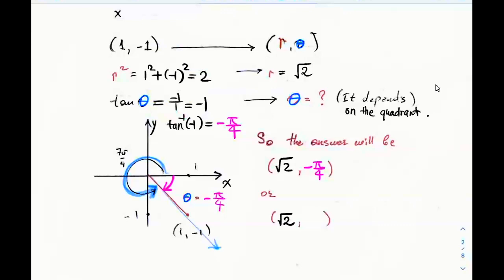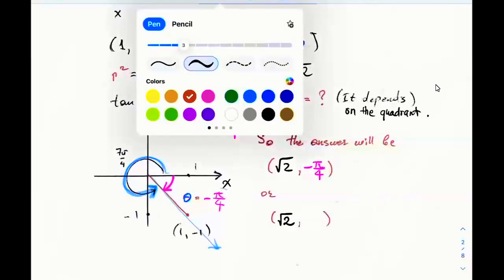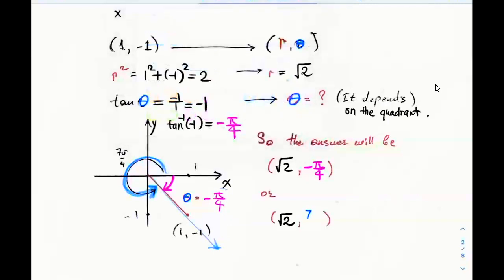I still end up with the same ray over here. So instead of negative pi over 4, we can also let theta be what? 7 pi over 4, right? Yeah, you got it. So you can have 7 pi over 4. You still get the same point over here.